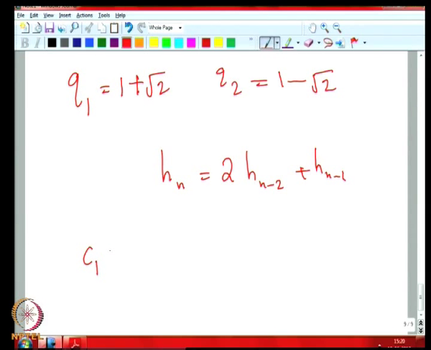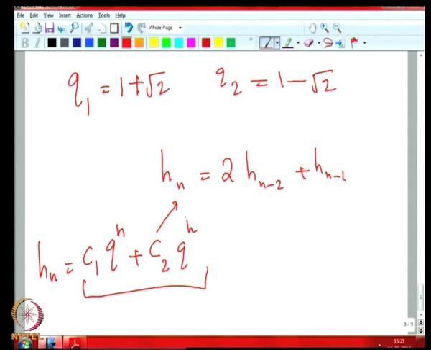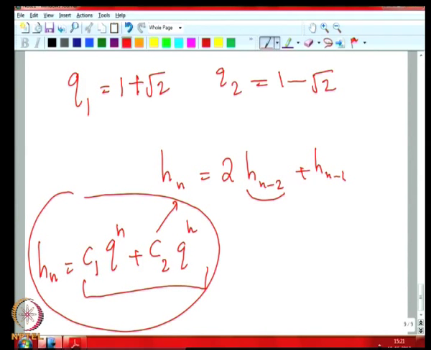That means, if I had taken C1 times q to the power n plus C2 times q to the power n as a possible solution for Hn, that would also be correct, because if I substitute Hn equal to this and Hn minus 2 equal to C1 into q to the power n minus 2 plus C2 into q to the power n minus 2, then also this will be satisfied.